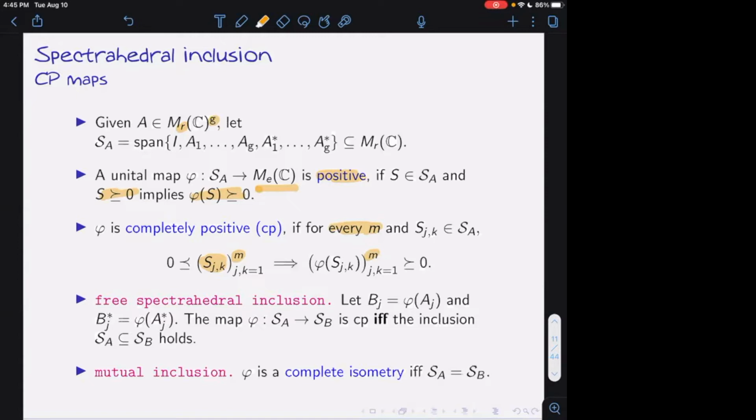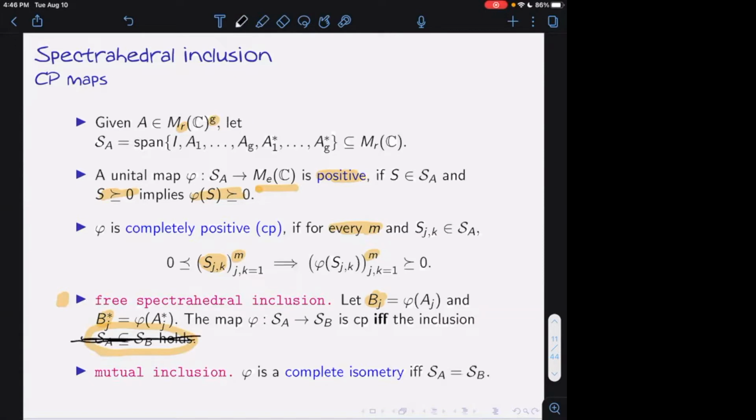And so here, at this point, we could think one of two ways. Either we're handed the A and the phi, and then we just set Bj to be the image of the Aj under phi, Bj star the image of the Aj stars under phi, or we could think to ourselves, we're given the B's as well, and we define phi in this way. Either way, saying that you have this inclusion. So this is an inclusion now of, I don't want that inclusion, that's a typo.